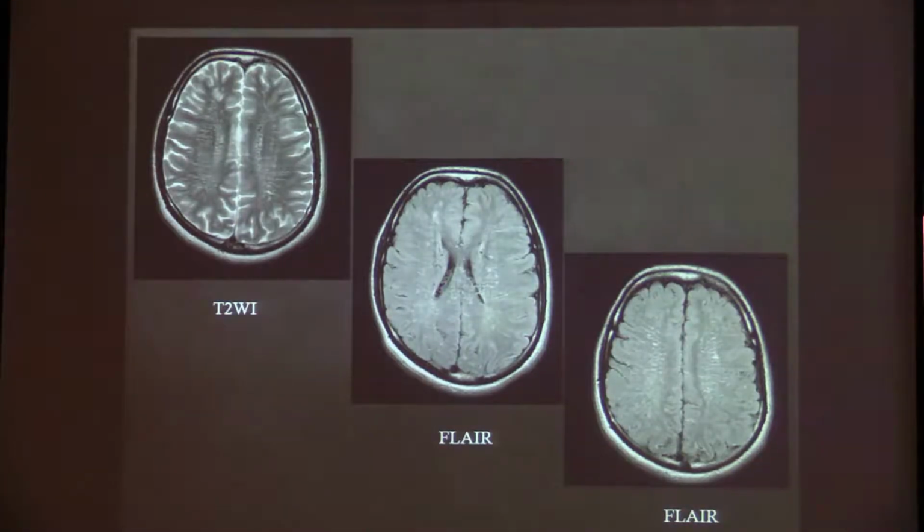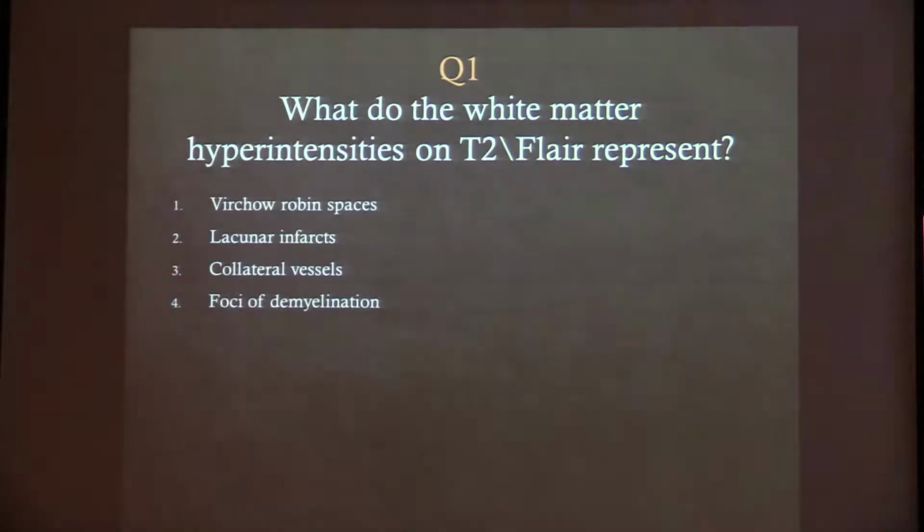Here on this slide, you can see on the top left side the T2 weighted image and 2 FLAIR images. You can see longitudinal hyperintensity in the white matter. So the next question is: what do these white matter hyperintensities represent on the T2 and FLAIR images?